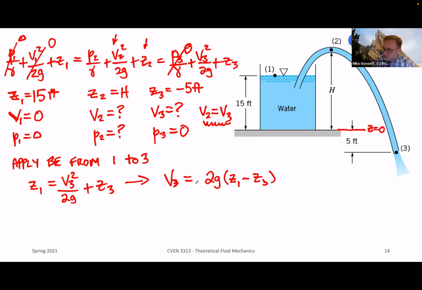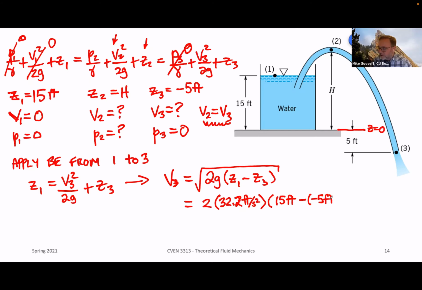This is not unlike the velocity terms that we saw the other day and talked about how consistent this was. Now if I write out all of these values, we get 2 times 32.2 feet per second squared, which is our acceleration due to gravity. Then we multiply by 15 feet, which is our Z1, and then subtract a negative 5 feet. We've got to watch our signs here. And then we take the square root of all of this.